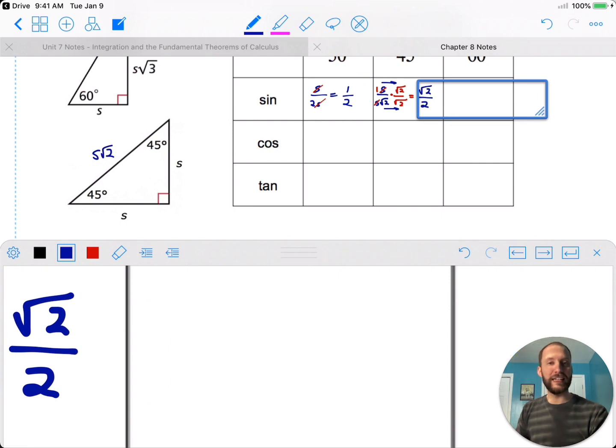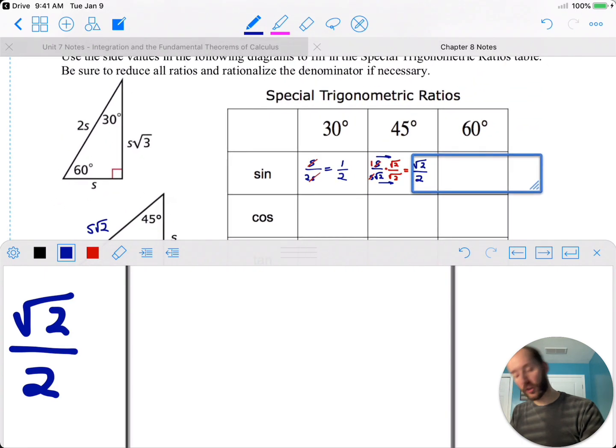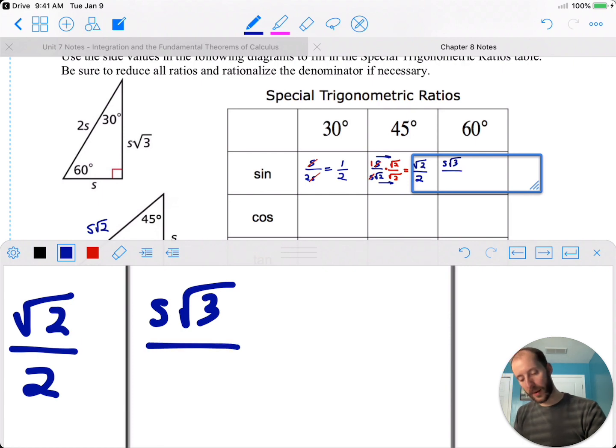For 60 degrees, opposite over hypotenuse, still doing sine. So in the 30-60-90 triangle, the opposite from 60 degrees is s root 3. Your hypotenuse is 2s.